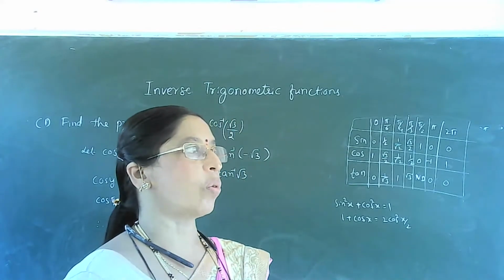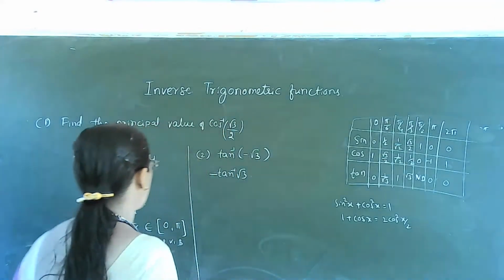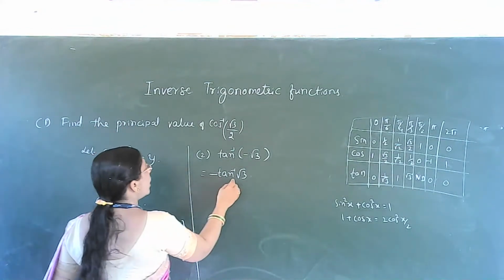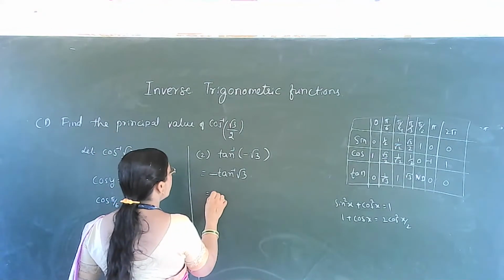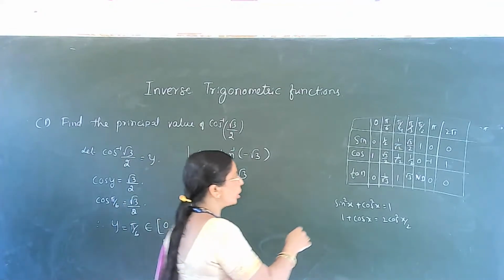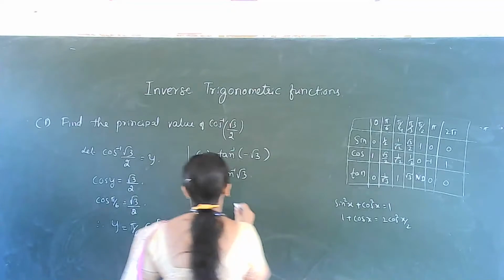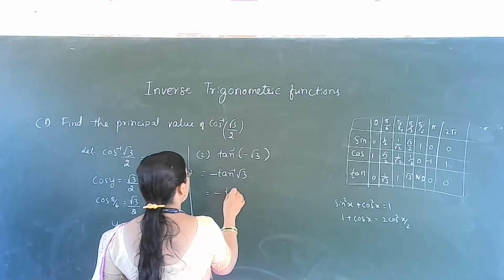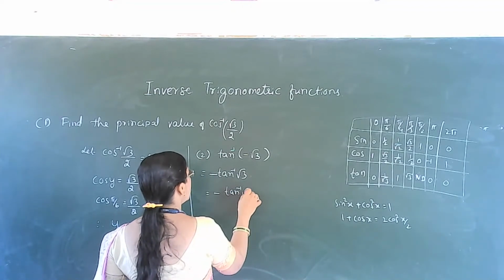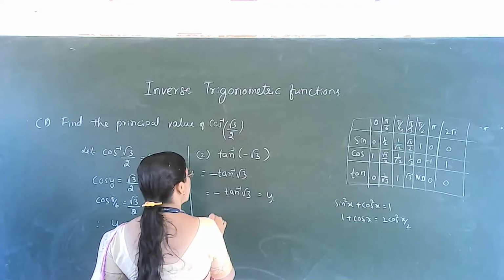Tan inverse of minus x is equal to minus tan inverse x. Therefore, it is equal to minus tan inverse root 3. Here also we take minus tan inverse root 3 is equal to y.